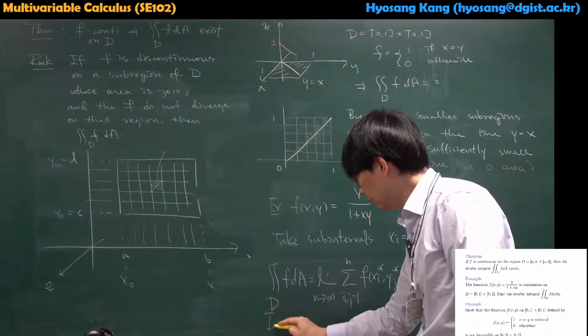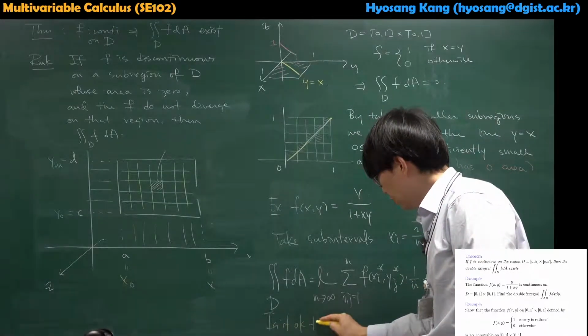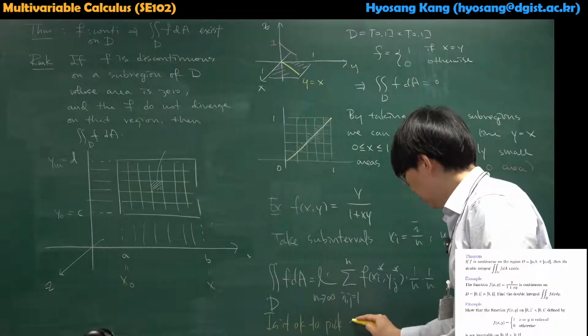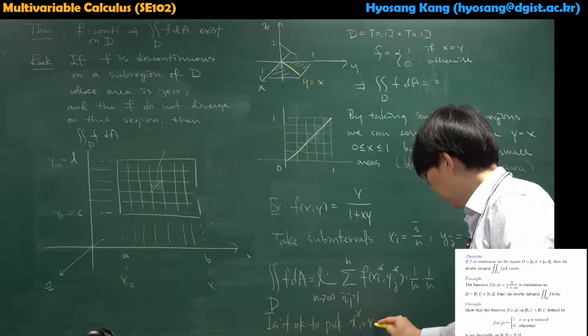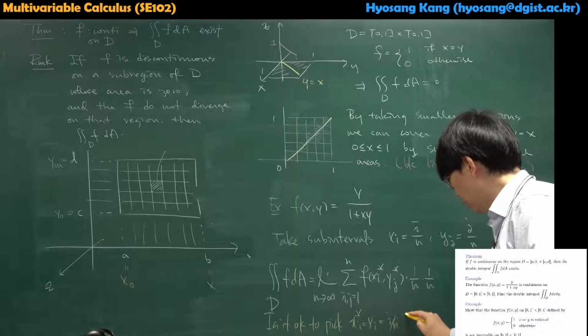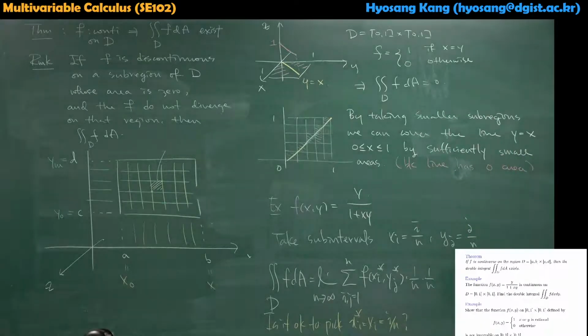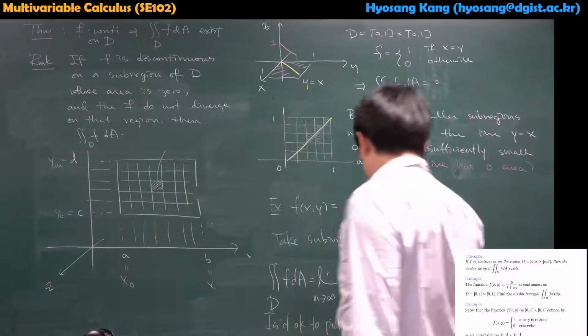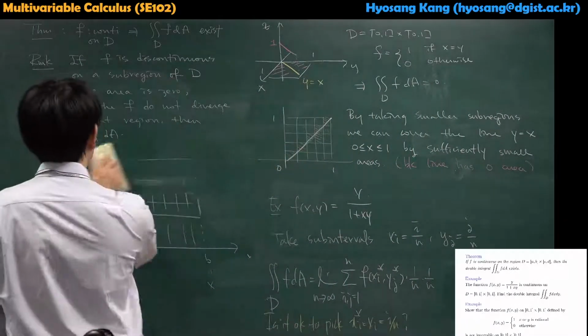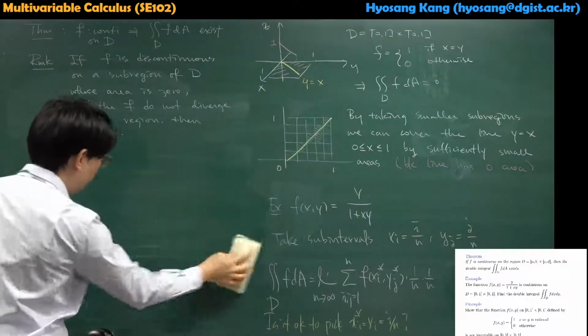Is it okay to pick xi star to be simply xi, which is i over n? Do you think it's okay? And why is it okay? You could pick this number. That's fine. Why?